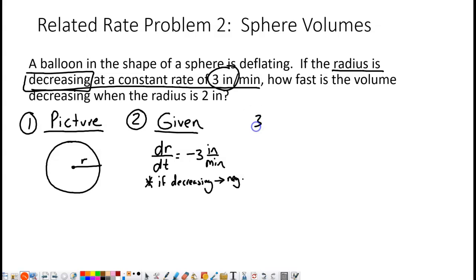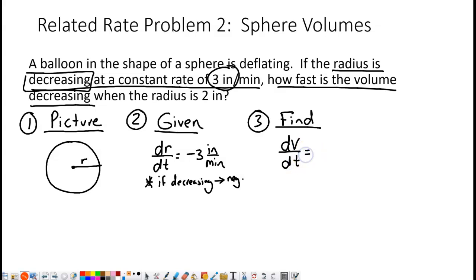What is the rate that I'm looking for? What rate am I trying to find? Well, that would be how fast is the volume decreasing? In other words, I want to know what dV/dt is. And what are the units for volume? Since we're dealing with inches, volume will be cubic inches, and time will still be minutes.